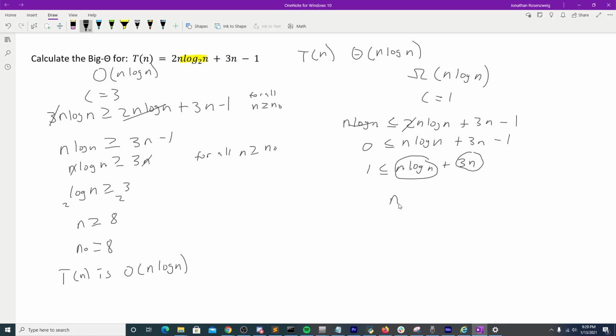So we'll choose an n naught of 1, and essentially 1 is less than or equal to this for all n greater than or equal to 1.